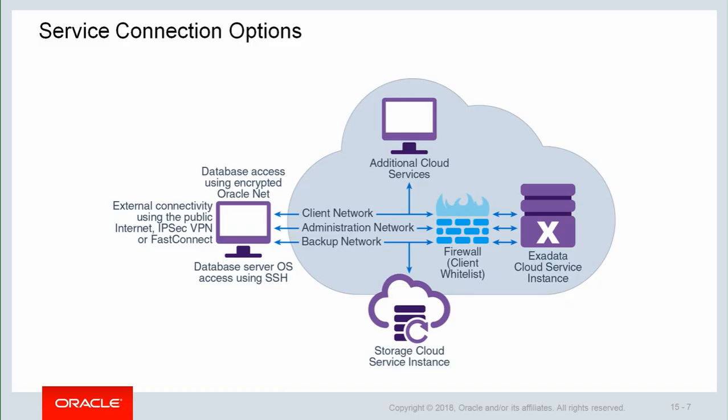In the ExaData Cloud environment, we can also configure a firewall: which ports you want to activate, and which ports you want to disable to allow which connections. That's also something you can control. In addition to the ExaData Cloud Service instance, you can also take advantage of additional cloud services, like backup service and storage cloud service, and so on.